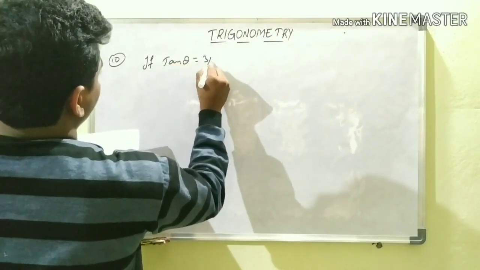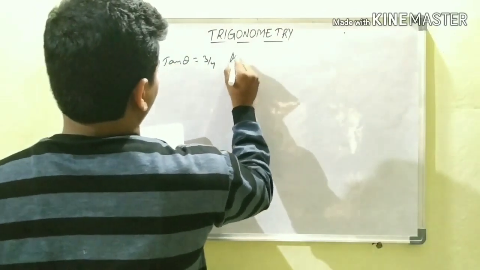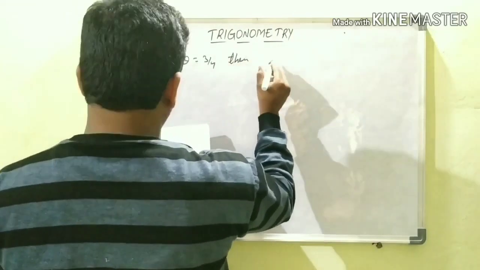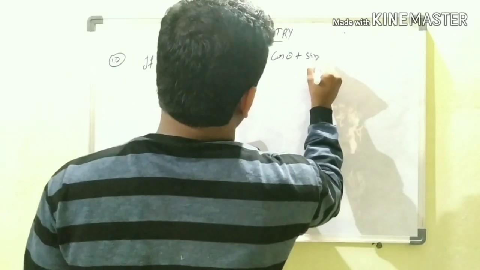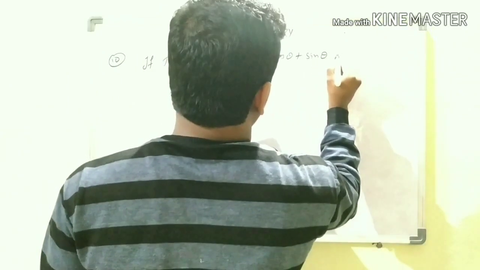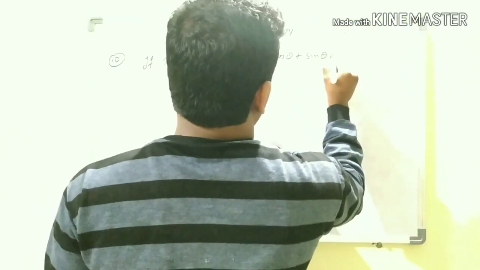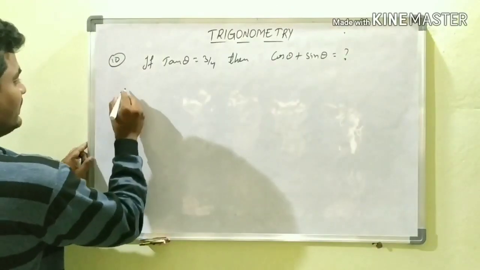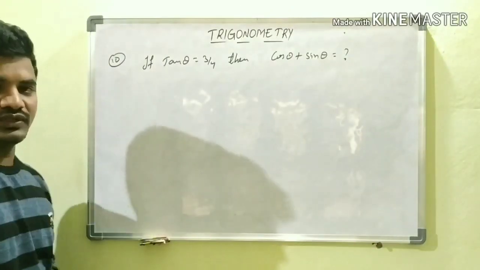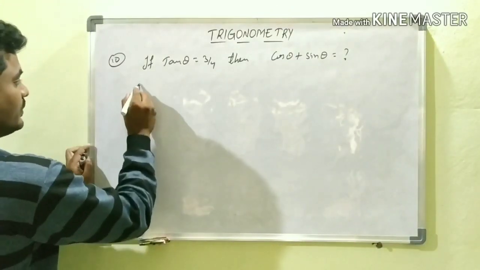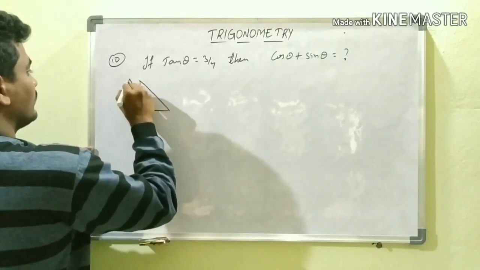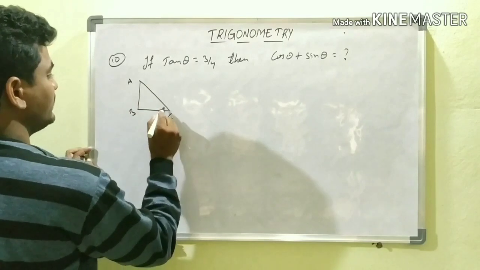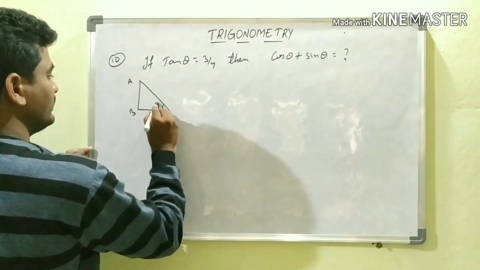If tan theta equals 3 by 4, then cos theta plus sin theta equals? Tan theta is equal to opposite by adjacent side. So let me take a right angle triangle ABC. At C I am taking theta.